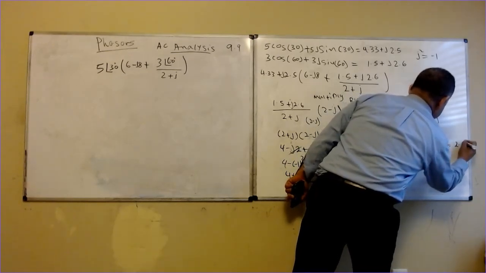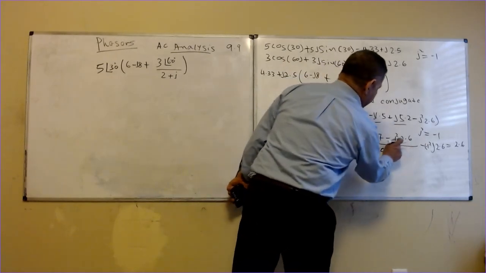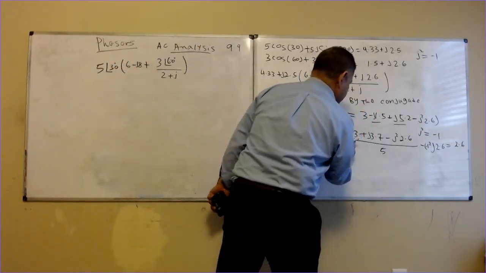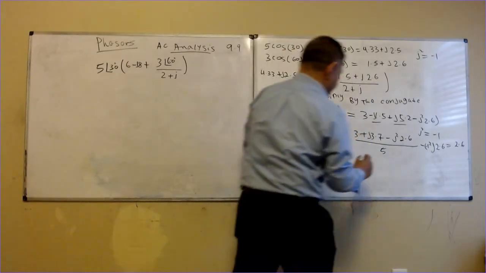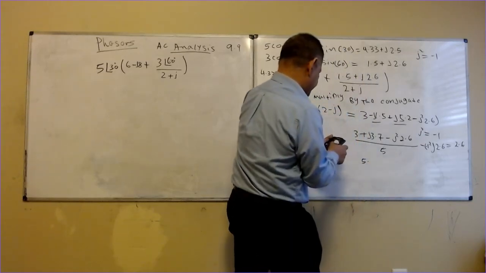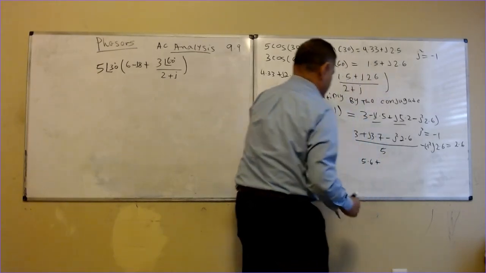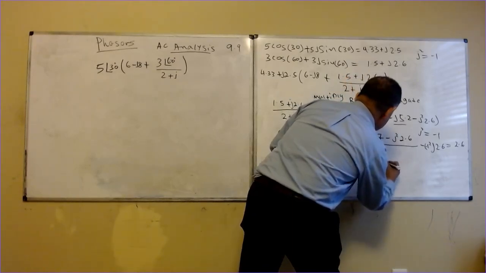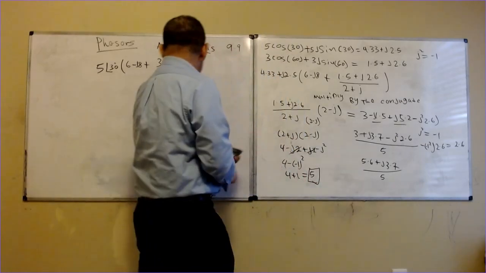So this becomes 2.6, and I can add that 2.6 to this, which is going to be equal to 5.6, plus 3.7J over 5.